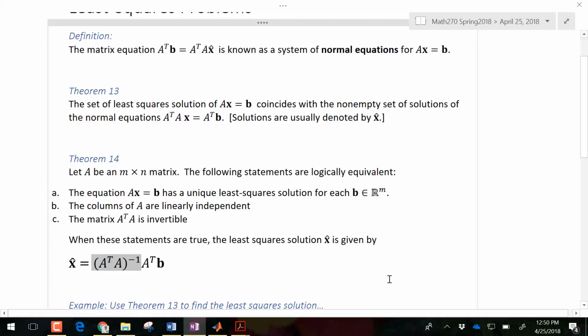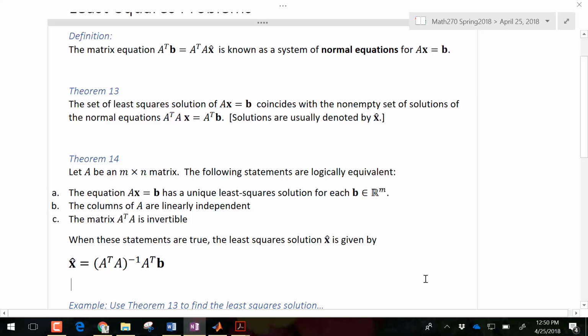Well, not quite, because remember that the matrices have to be square, and A is not necessarily a square matrix, so it'd be nice to take advantage of that theorem, but we can't necessarily do it for this.